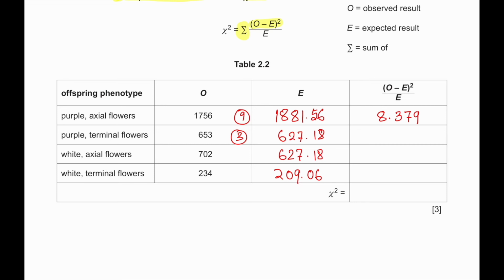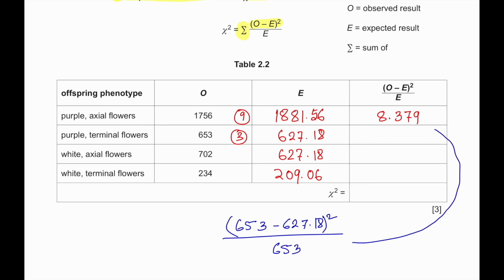Now in every case we'll have to do observed minus expected. So let me show you a demo of how we are doing it. Observed is 653 minus expected, which is 627.18, and then we'll have to square the value and divide by expected, and that's how we are getting this particular answer.